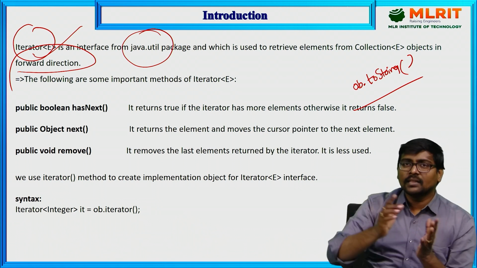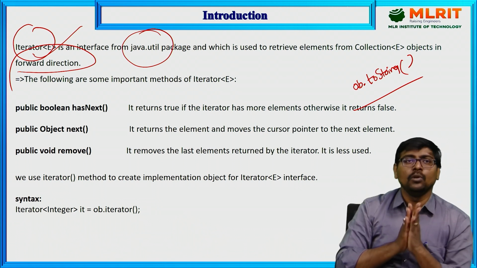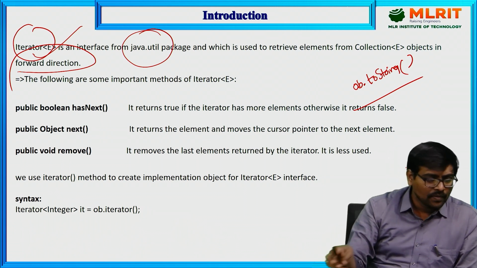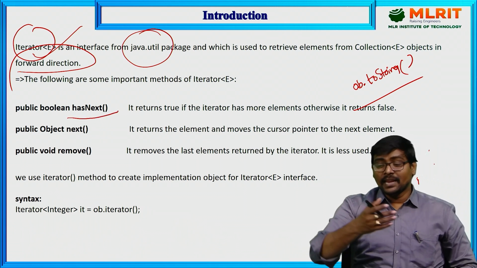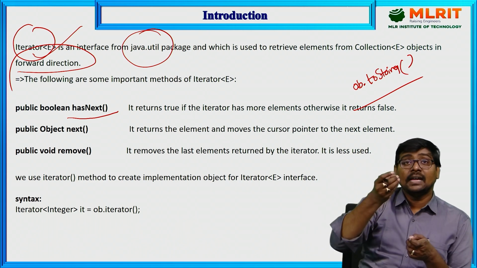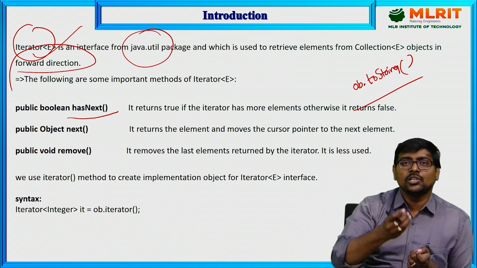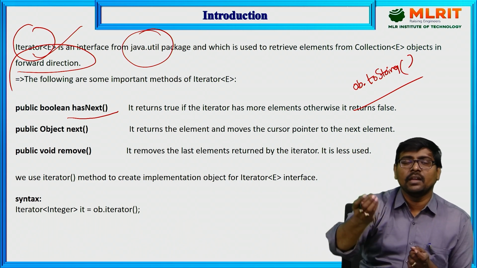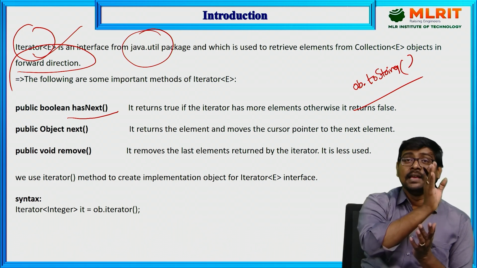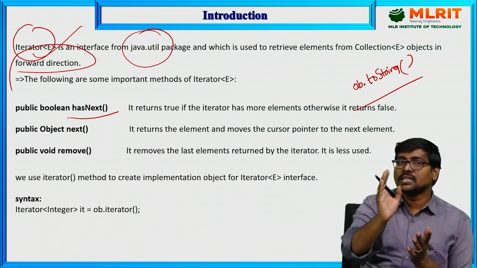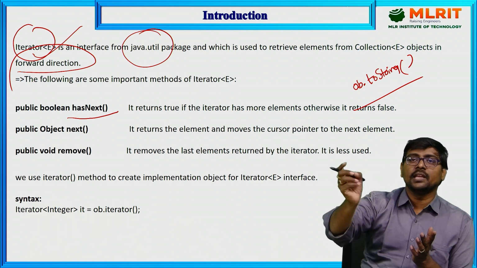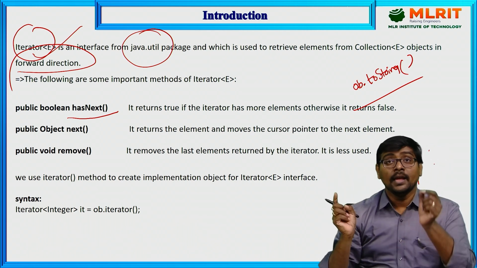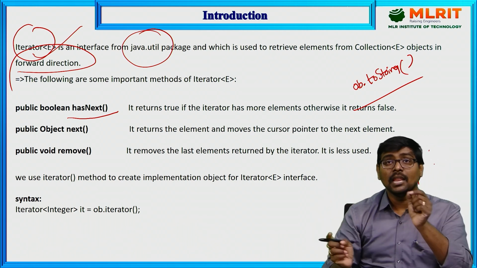What are the methods available inside the Iterator? The first method is hasNext. The name itself specifies: is there any element next in the collection or not? That means we are traversing element by element, and while traversing we check whether a next element is available.